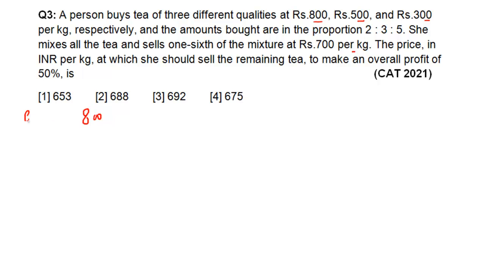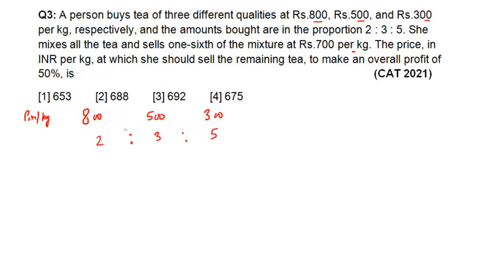I am writing here the per kg price: 800, 500 and 300, mixed in the ratio 2:3:5. With the help of that we can find the average price. She mixed all the tea and sells 1/6.